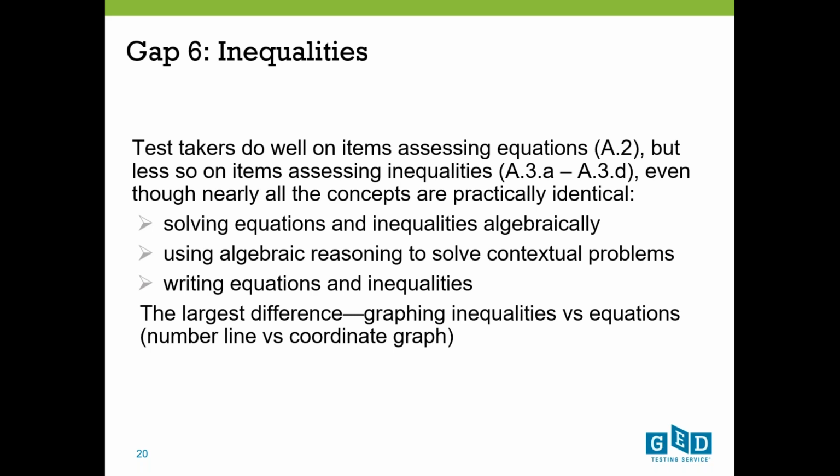Writing equations and inequalities, and I really should have added to model context. Again, nearly identical. The largest difference, of course, is the way that they're graphed. Graphing inequalities is done on a number line and equations are done on a coordinate grid, but we all knew that. So yeah, I was very surprised when I saw this one, but numbers don't lie.